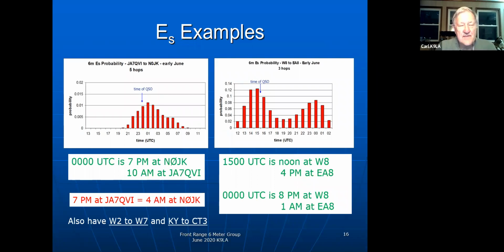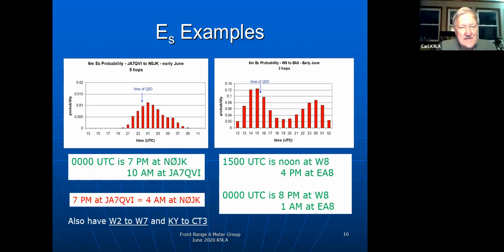And you can see the probability is highest around 0100 UTC. And John worked JA7QVI just before 2350 or 46, whatever it was. So I think that falls in line with all the West Coast to JA QSOs that we see.